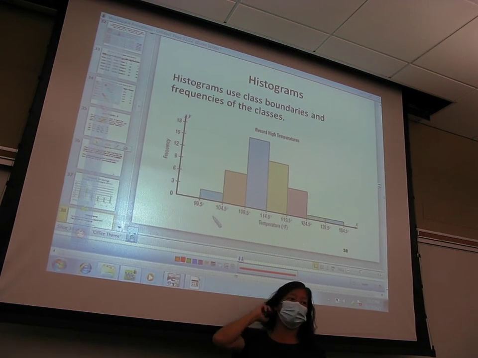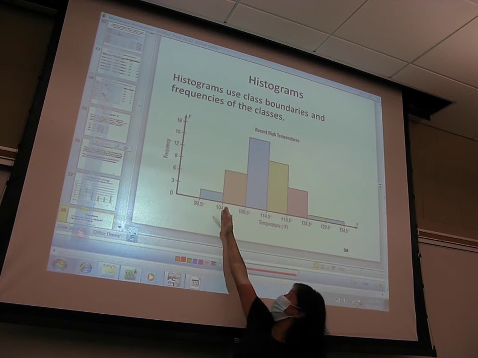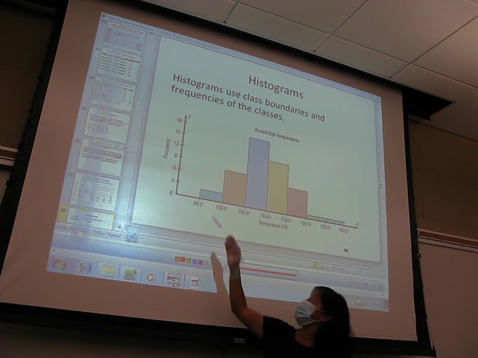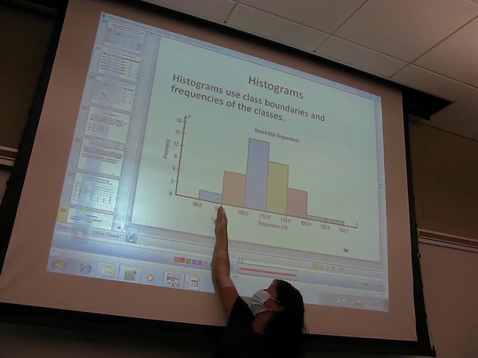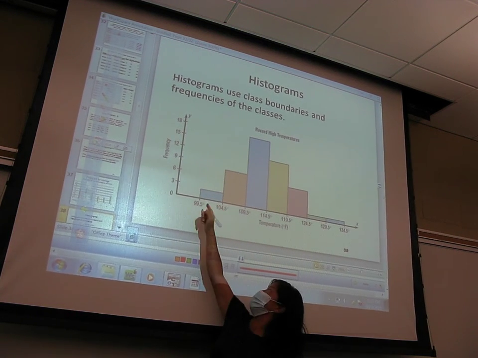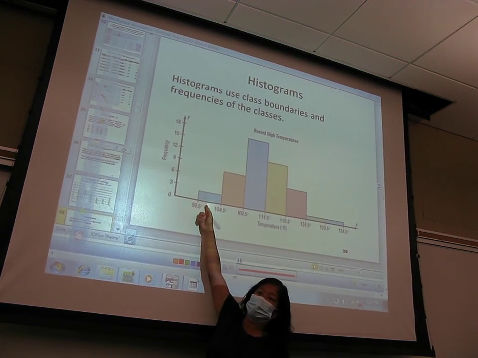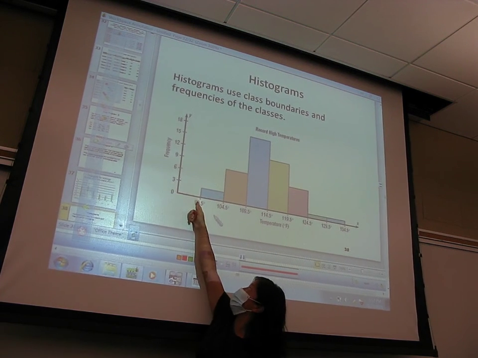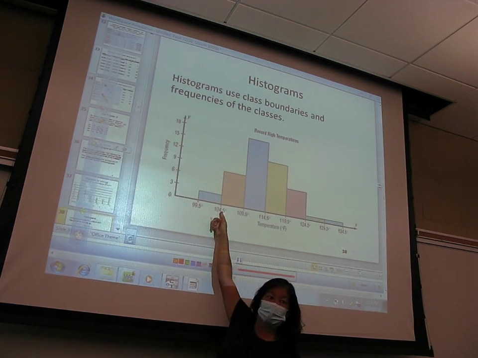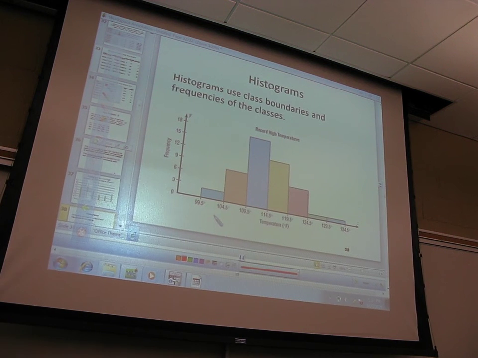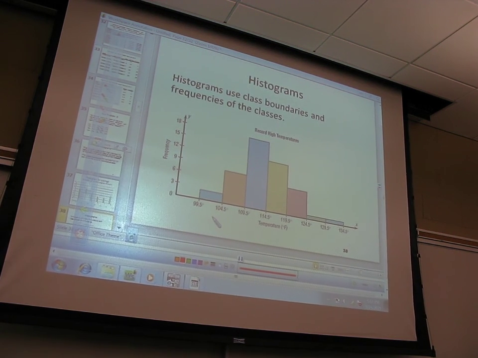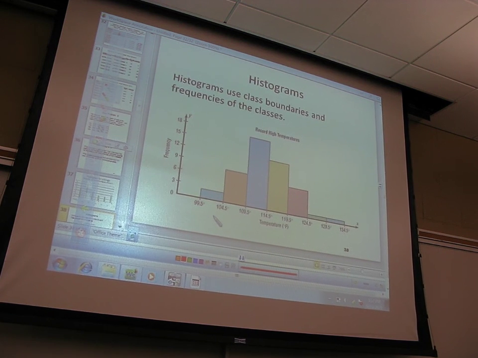That's a lot easier because all you have to do is write in your boundaries where they belong. Please notice that the lines go through the boundaries. The boundaries are not centered in the middle, because the class goes from here to there. Does that make sense? So the boundaries are on the ends because it's the beginning of the class to the end of the class. Good?